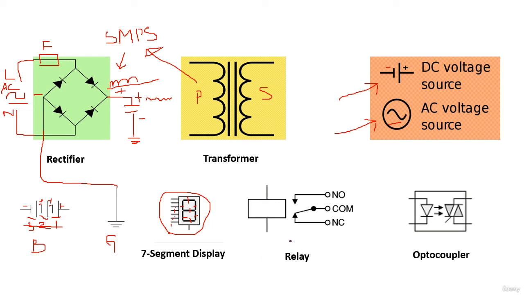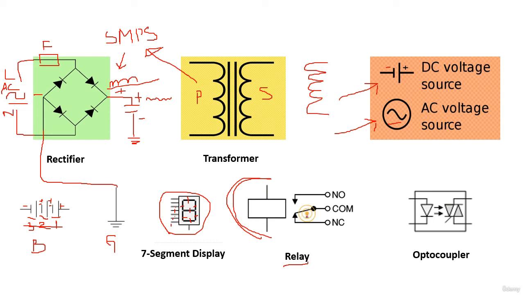And we have the relay, as you see. This is an inductor, even if we don't have this kind of symbol. Always this is an inductor. And here, this is a switch.